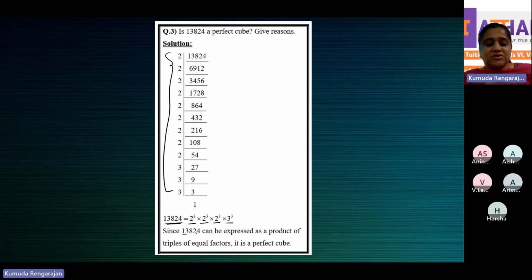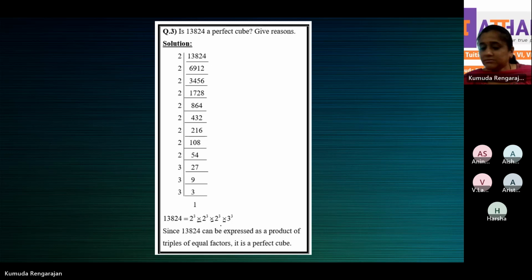Since this number can be expressed as a product of triples of equal factors, it is a perfect cube. See here, what is this product? This is a product of triples because 3 2's, 3 2's, 3 2's, 3 3's. What are you multiplying? It's a product of triples of equal factors.